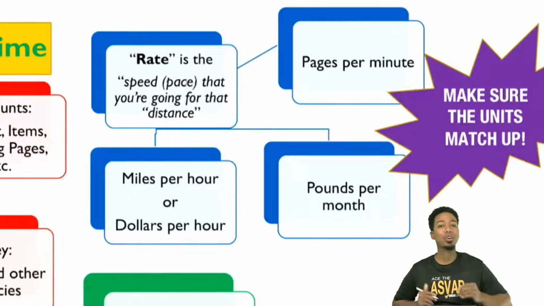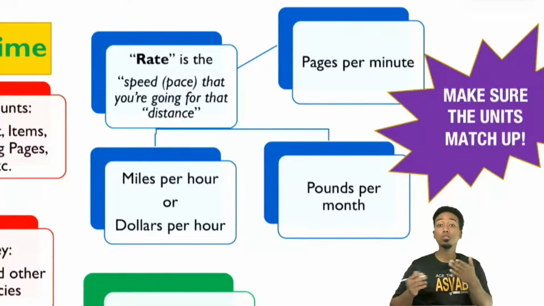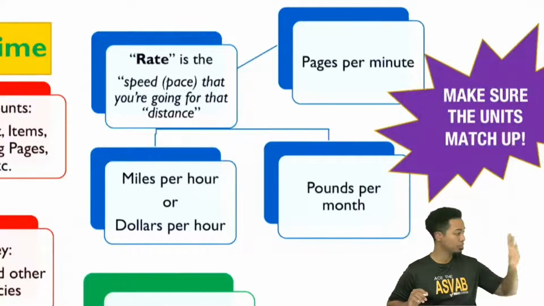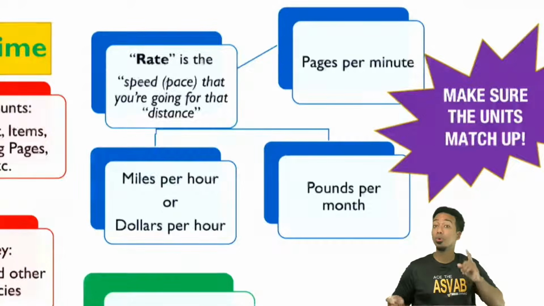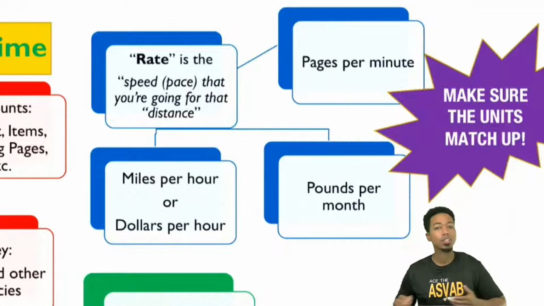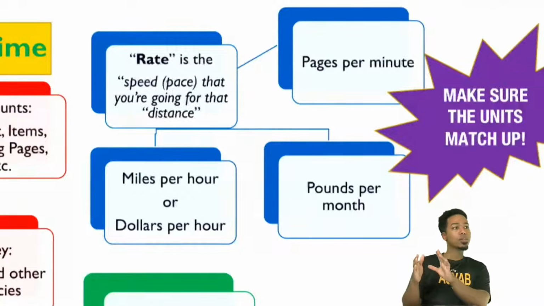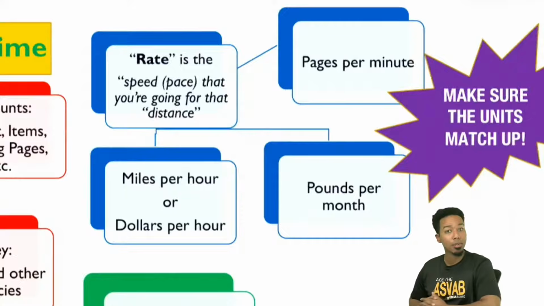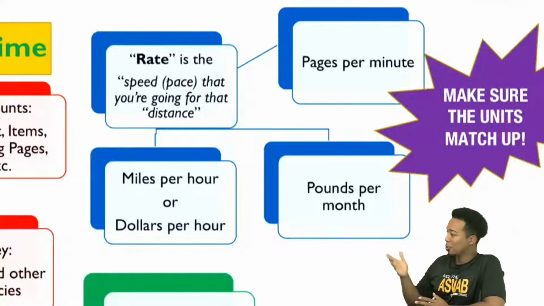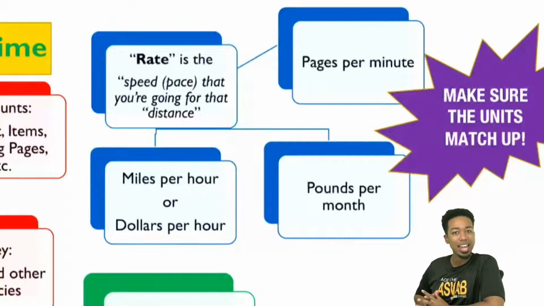Remember earlier how I said we're trying to interview 1,000 people? That's our distance. The rate we're interviewing at is 10 people per week. Or in the gallons example, we're trying to fill a 200-gallon tank, and we're filling it with 20 gallons per minute.